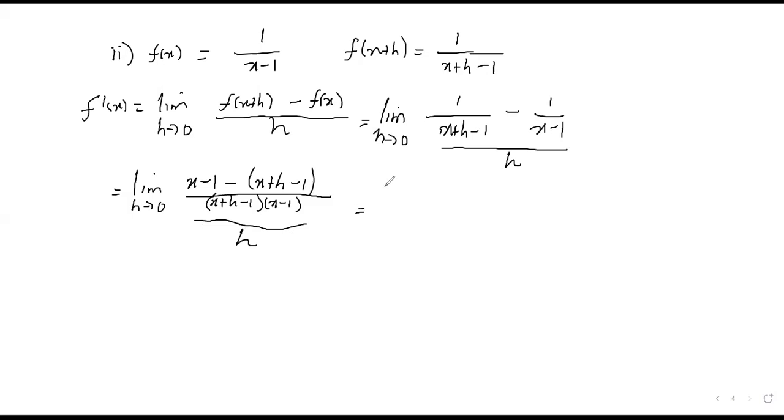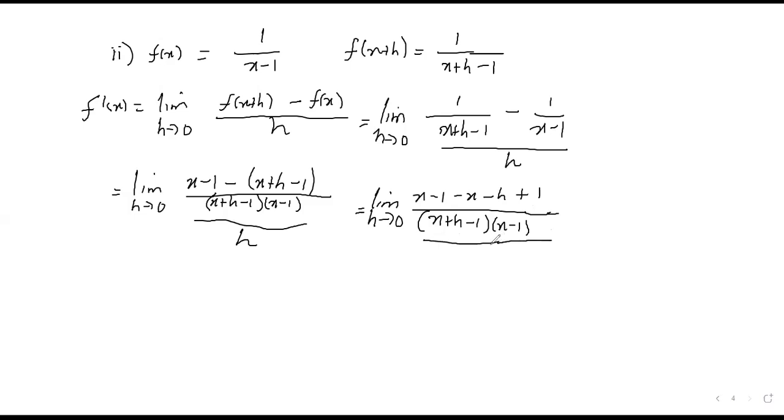So we have lim as h goes to 0. We expand again, x minus 1 minus x plus, sorry. Since we're expanding, this will be minus h and then plus 1 over x plus h minus 1, x minus 1. And then we divide by h.